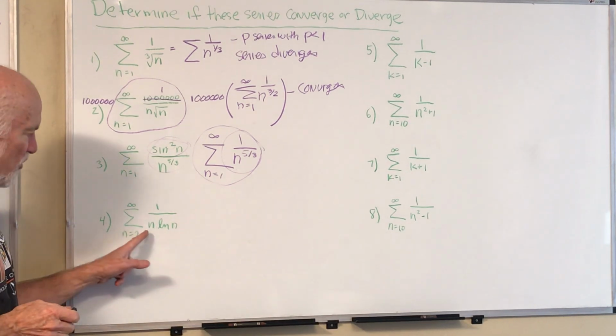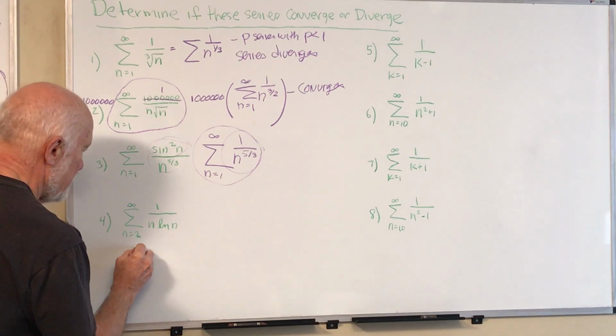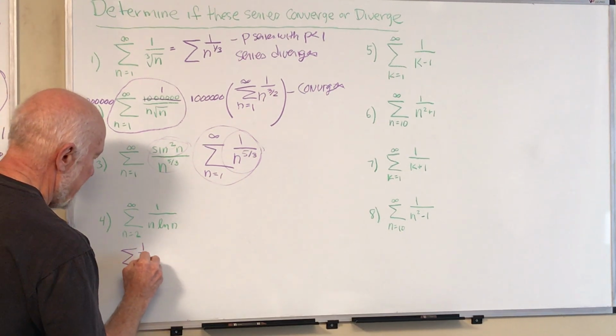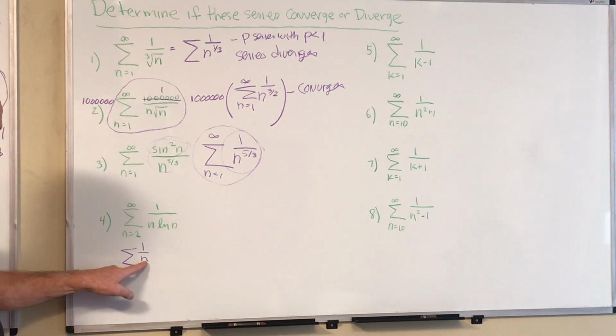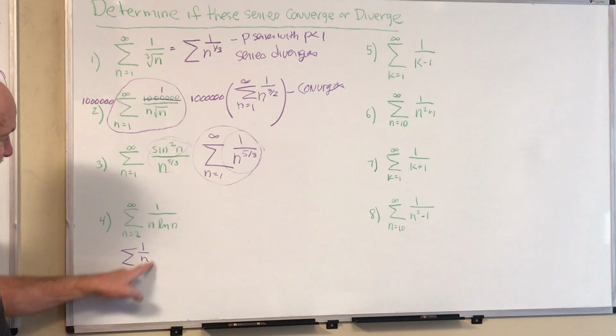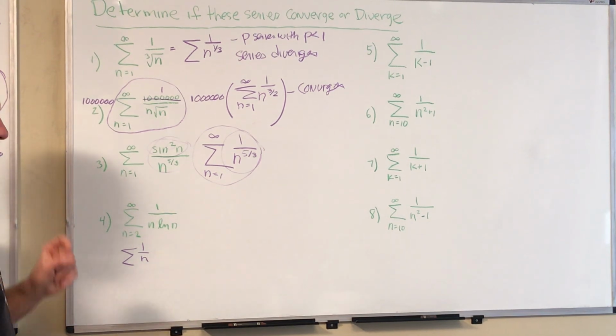Okay, this one looks a little more difficult. I know that the series 1 over n is a p-series with p less than or equal to 1, so this diverges. So you'd say, maybe I can use the comparison test.